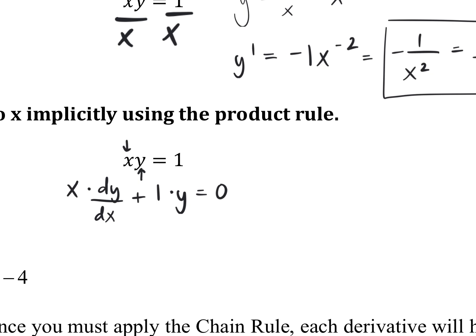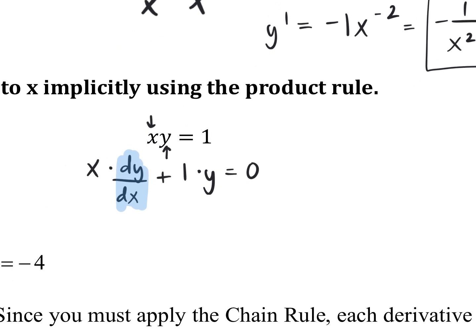Okay, so now what we need to do is isolate my dy dx, okay? So I've got to do a little bit of algebra. I need to move this 1 times y over to the right-hand side. So what am I going to do? Subtract it, right? So I've got x times dy over dx equals negative y.